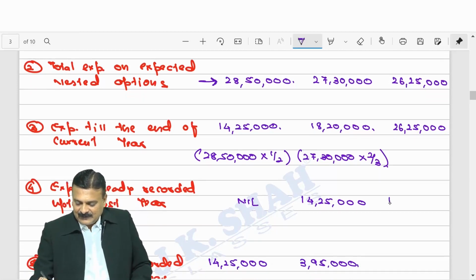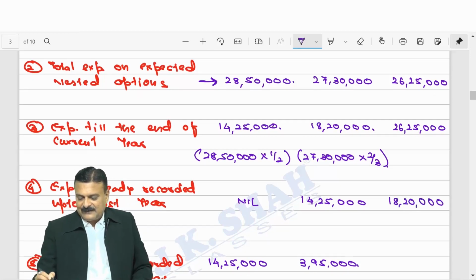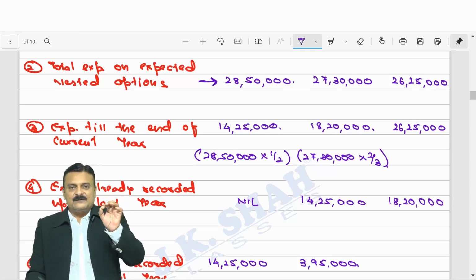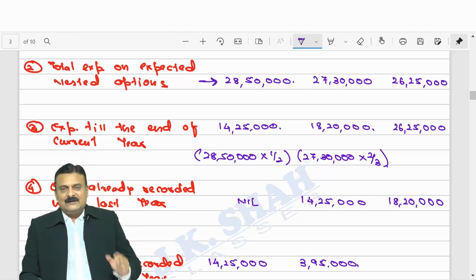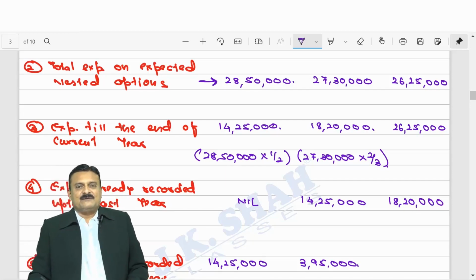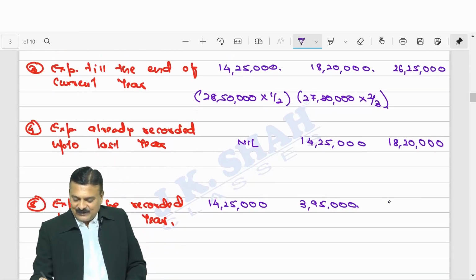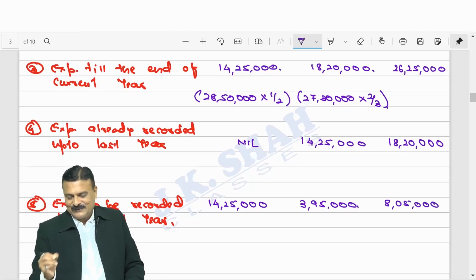That means amount already debited to P&L is 18,20,000. 3 years total expenses 26,25,000. So now how much shall I debit? I should debit now to P&L account 8,05,000.